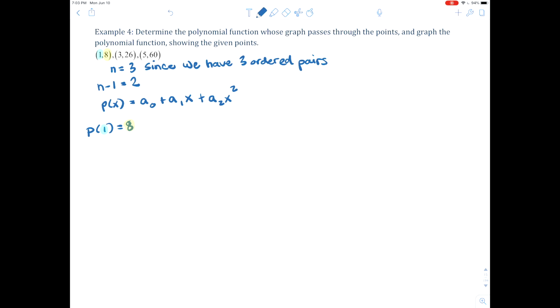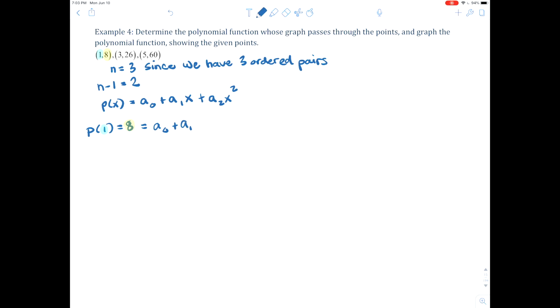But how can I also write this? Because remember I'm solving for coefficients, I can also write this as a0 plus a1 times what?